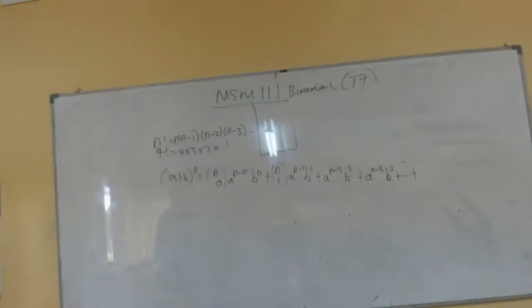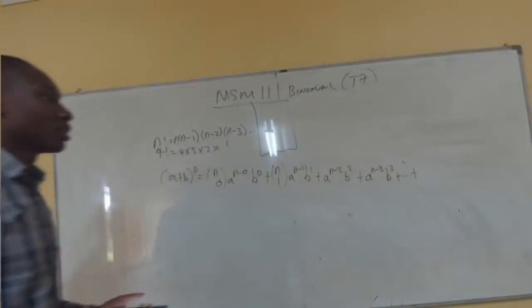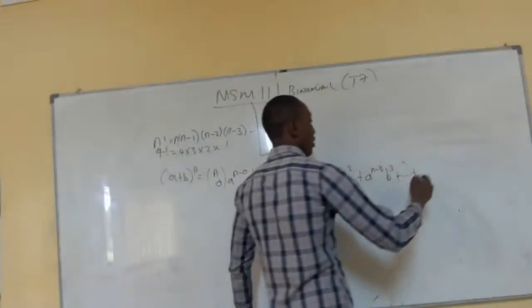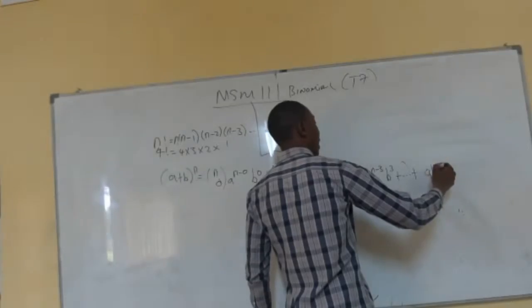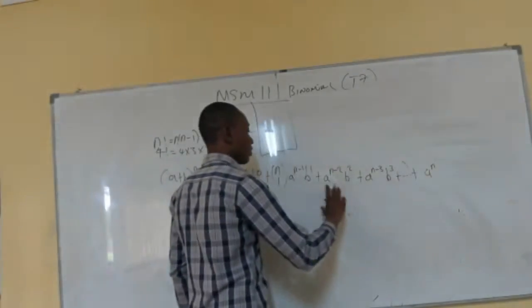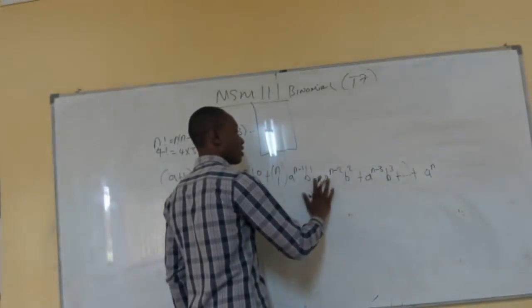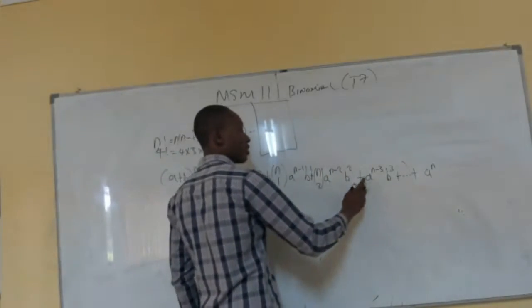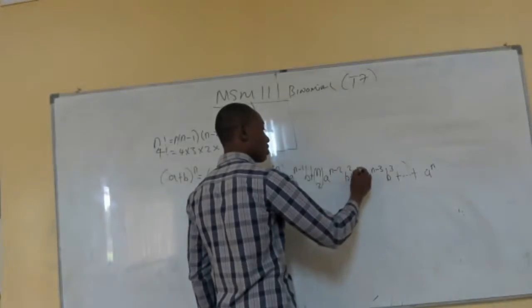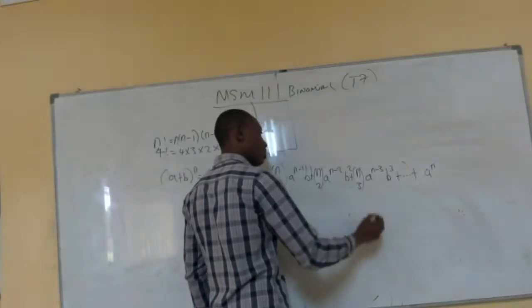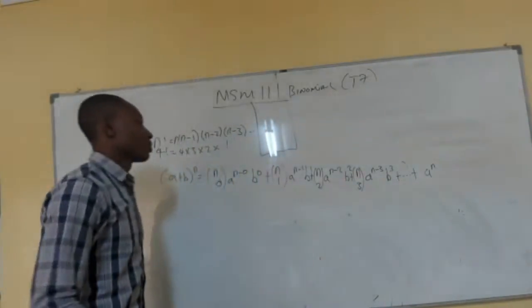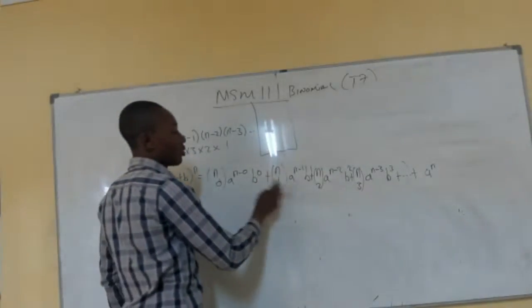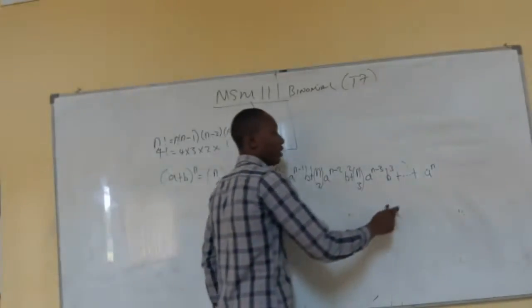Okay, plus, there will be a point when we will reach a to the power n. Now these particular factors all have this. Okay, so we have 0, 1, 2, 3.